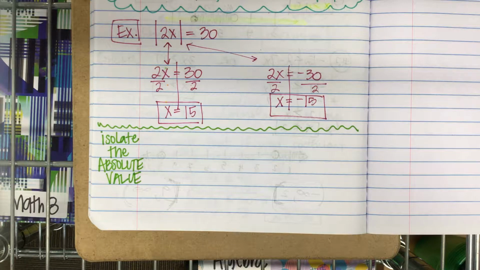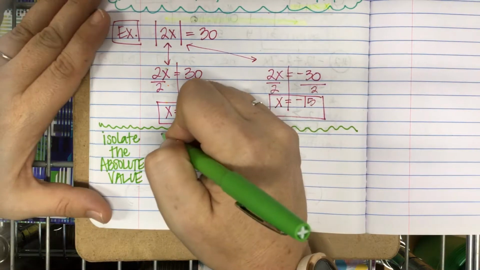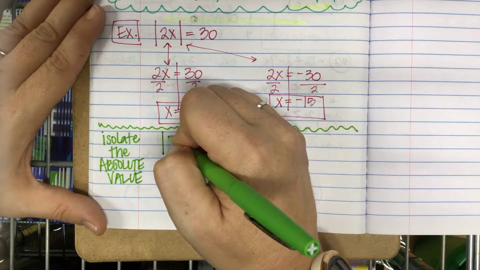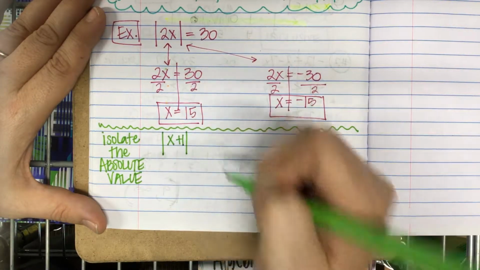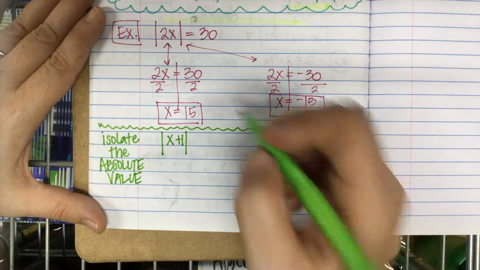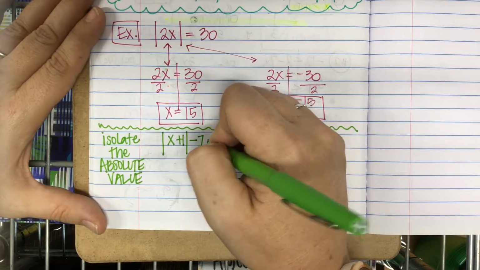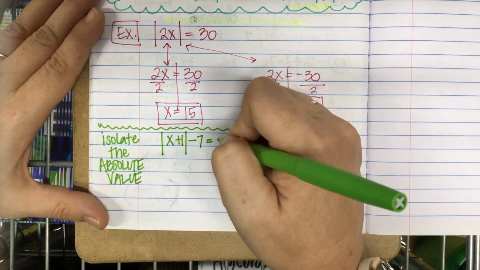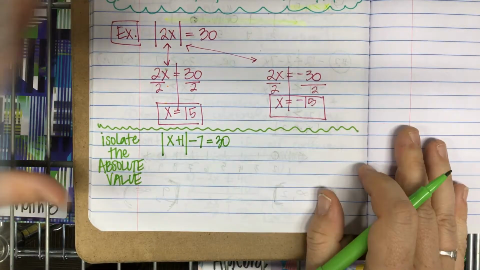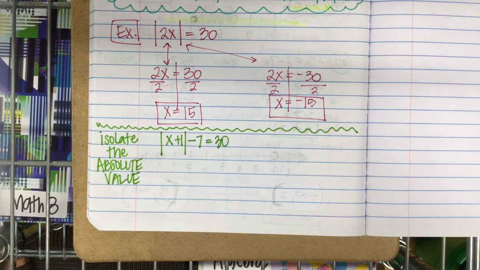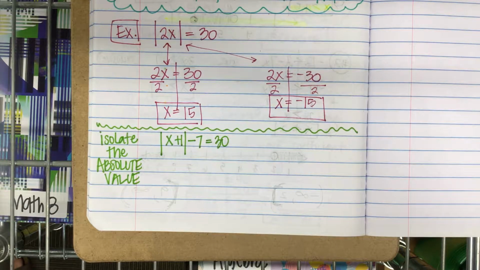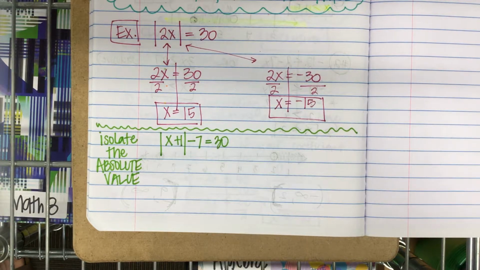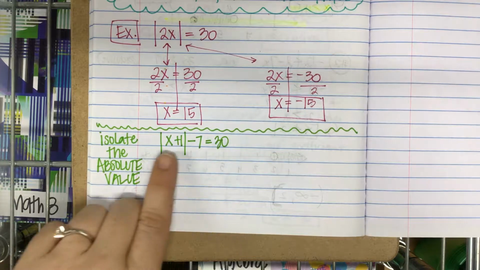So like, let's do the absolute value of x plus 1, minus 7 equals 30. The absolute value of x plus 1 minus 7 equals 30. So before I solve twice, I need to get the absolute value alone.